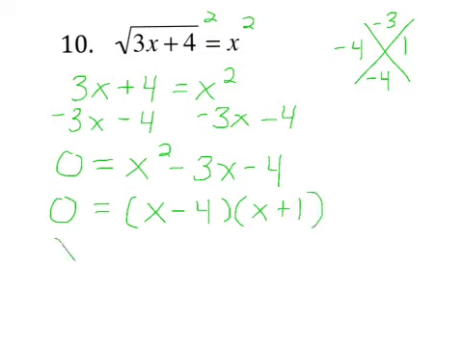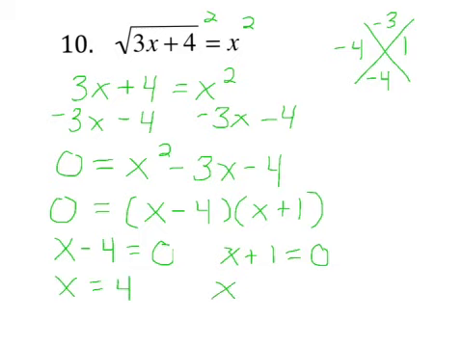When we set each factor equal to 0 and solve, we get x equals 4 and x equals -1.